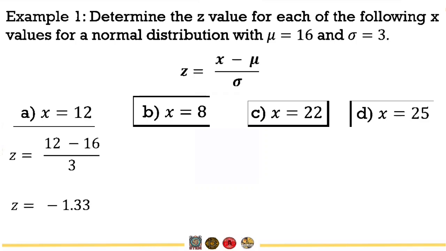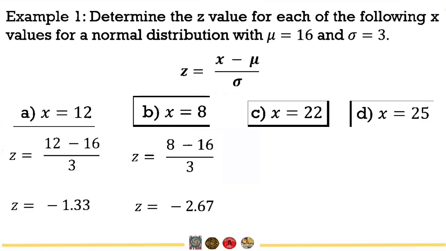Okay, so letter B, again, x is equal to 8, it is below the mean. In comparison to letter A, it is further below the mean. 8 minus 16 is negative 8, divided by 3, so it is negative 2.6666, or rounding off to 2 decimal places, negative 2.67.